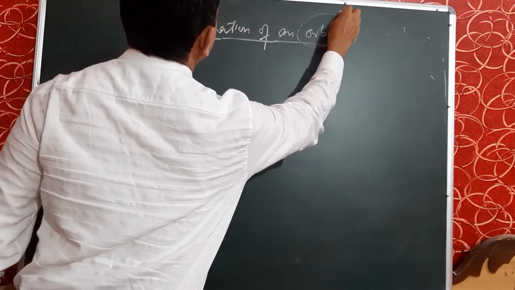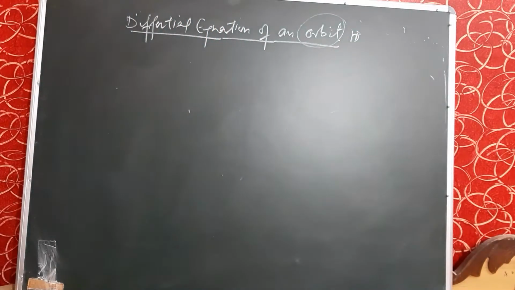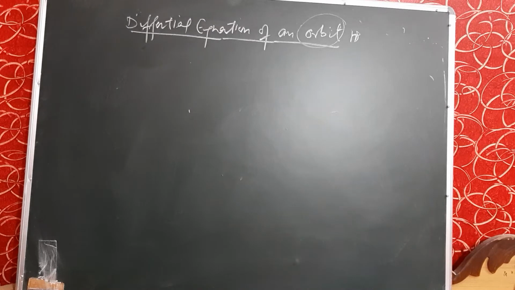What is an orbit? You know that an orbit is the path in which a particle is moving. So, we will find the path which is followed by the particle when central force is applied on that particle.